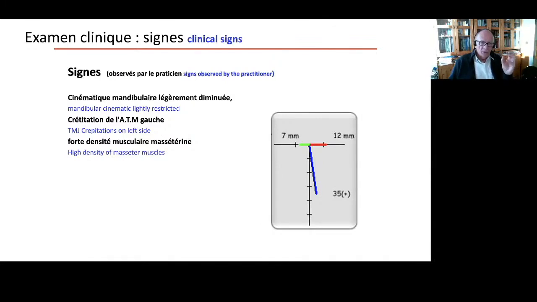The signs, positive signs. Deflection on left side with limitation of the open movement. Crepitation on left side. High density of the masseter muscles. That means clenching.